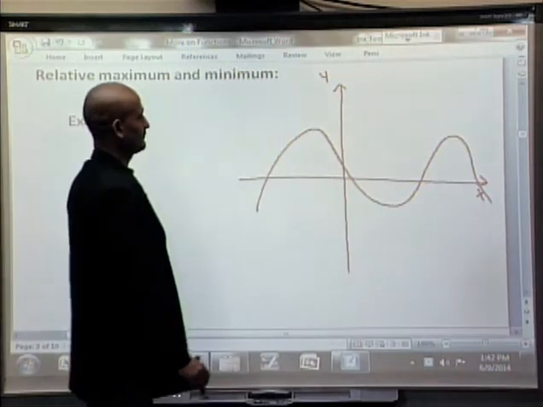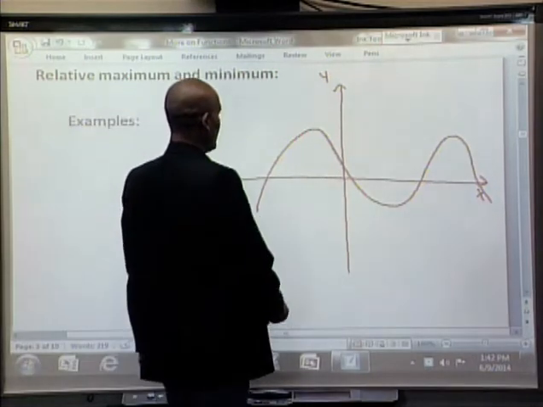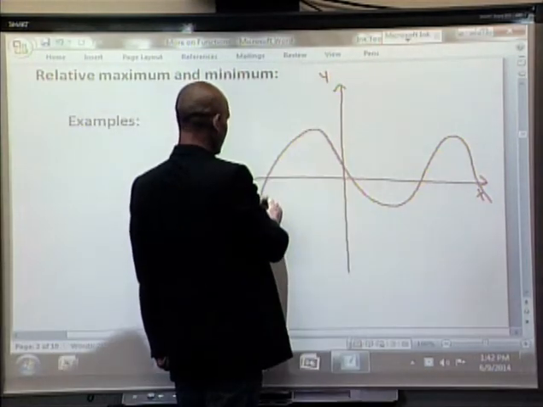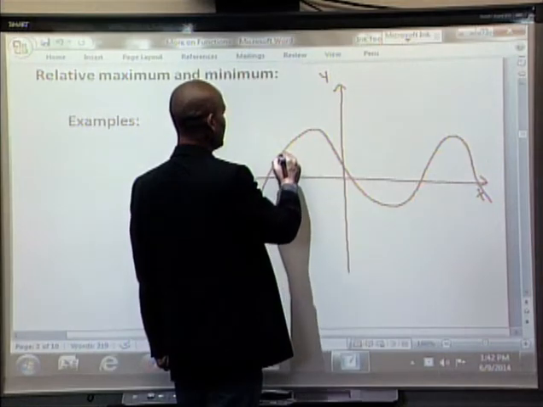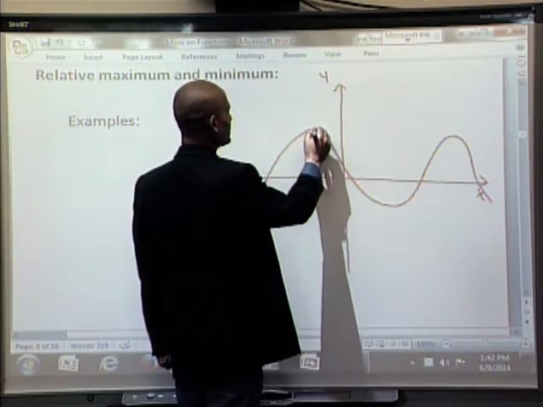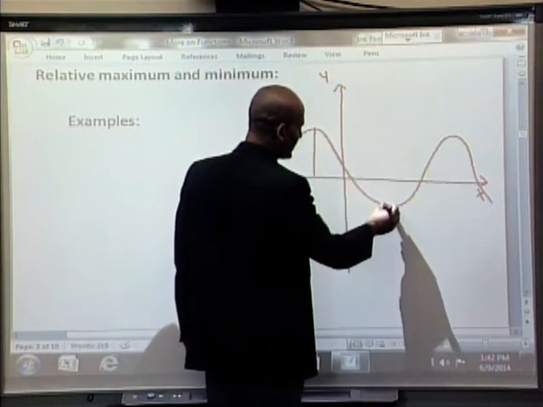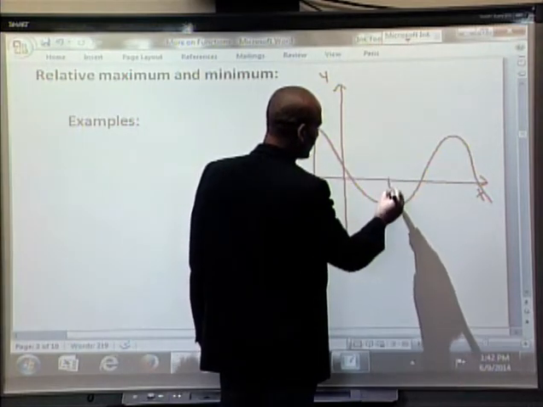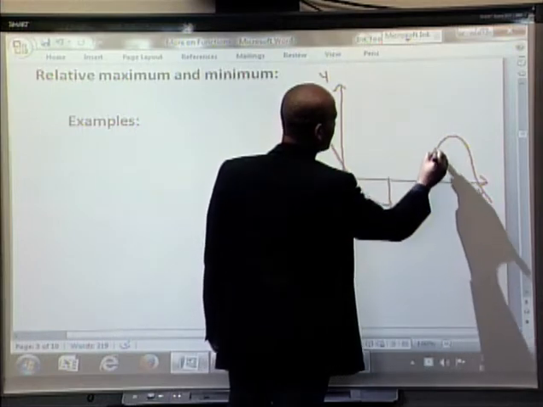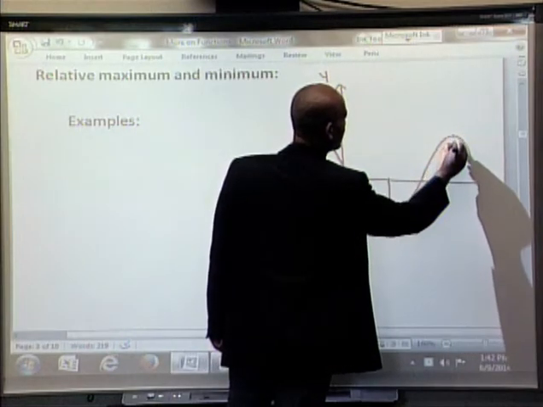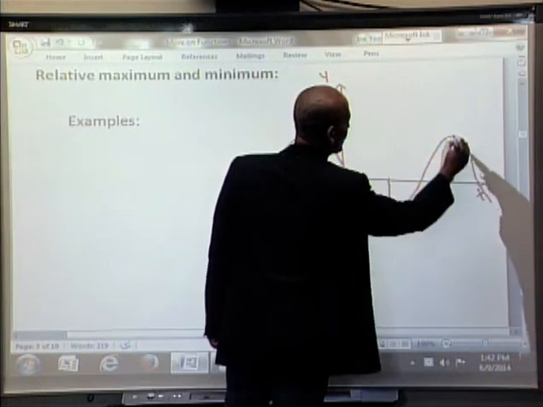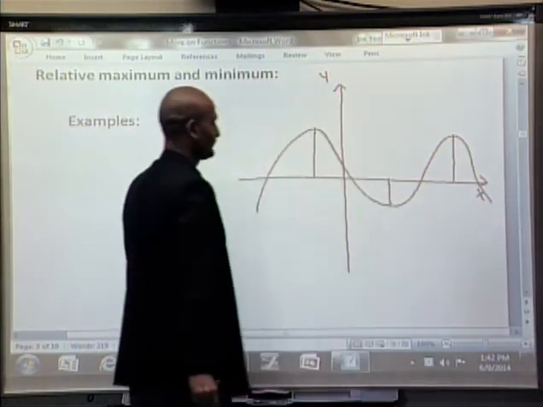Now, see, the function is increasing all the way up to this point, and then it decreases all the way down to this point. Again it starts increasing up to this point and then it decreases again.